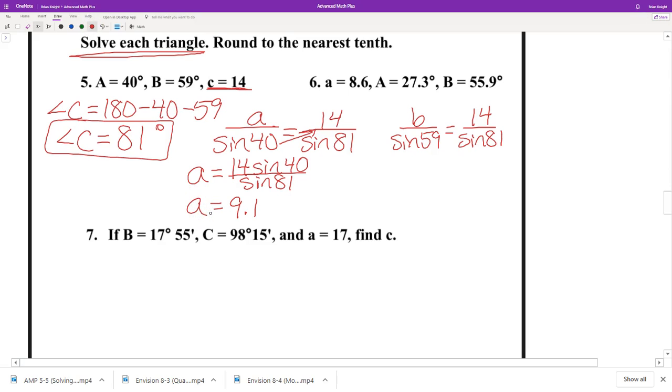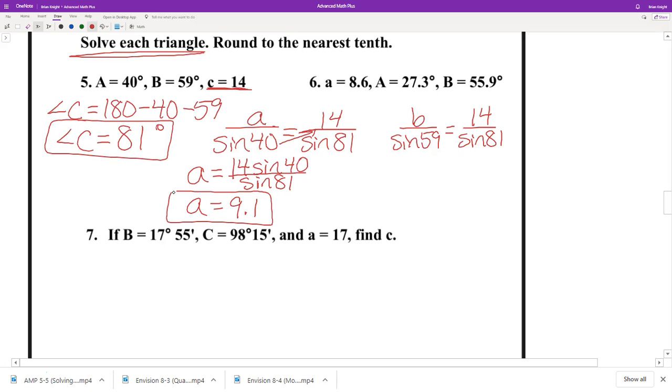Where did I confuse you? Should I do anything different on B, as far as the work? No, the work's exactly the same, it's just the numbers that are different.